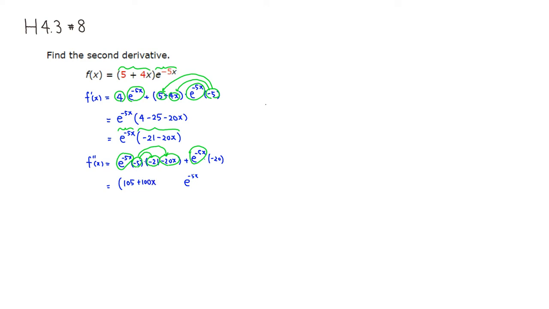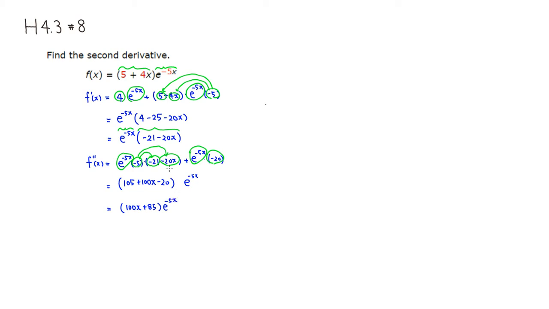Then you have minus 20, so we just have to subtract the 20 from there. Let's clean it up. You have 100x, and then plus 85, times e to the negative 5x.